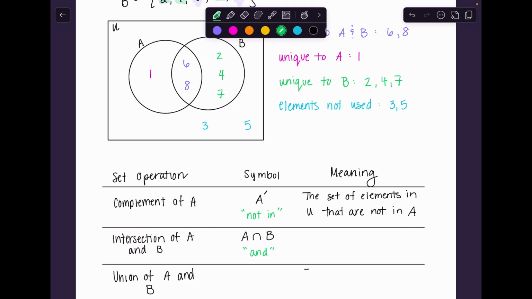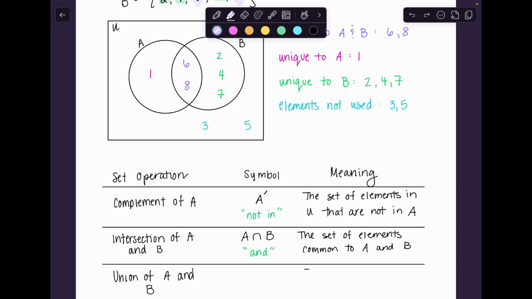So it's in A and in B. This is the set of elements common to A and B. So utilizing this picture, the intersection of A and B is just that middle. So it would be the elements 6 and 8.